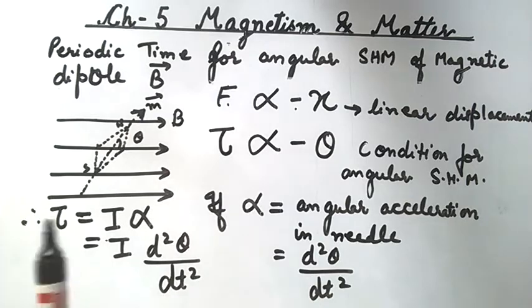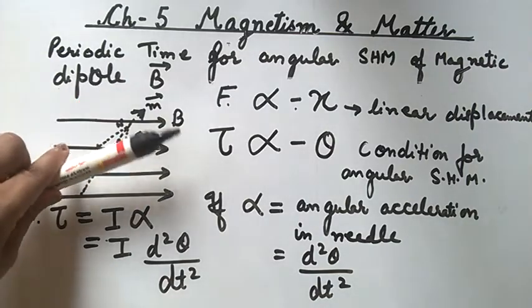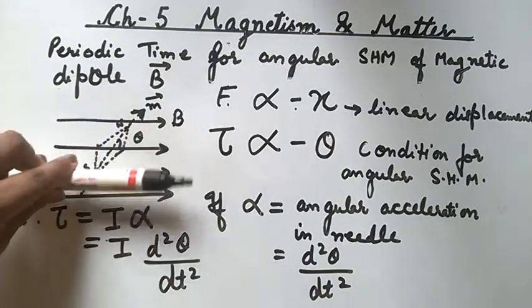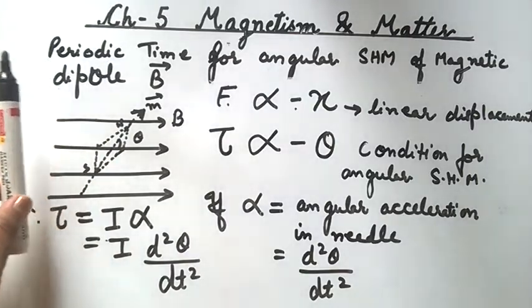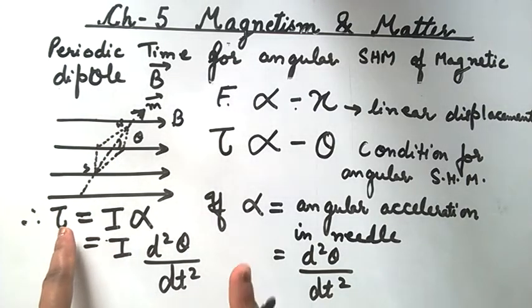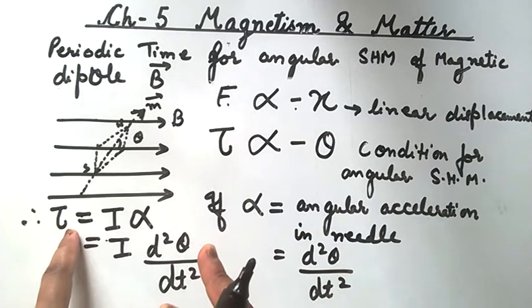This is the torque due to angular acceleration, and the restoring torque is by the magnetic field. Another formula for torque is given as torque equals I alpha.